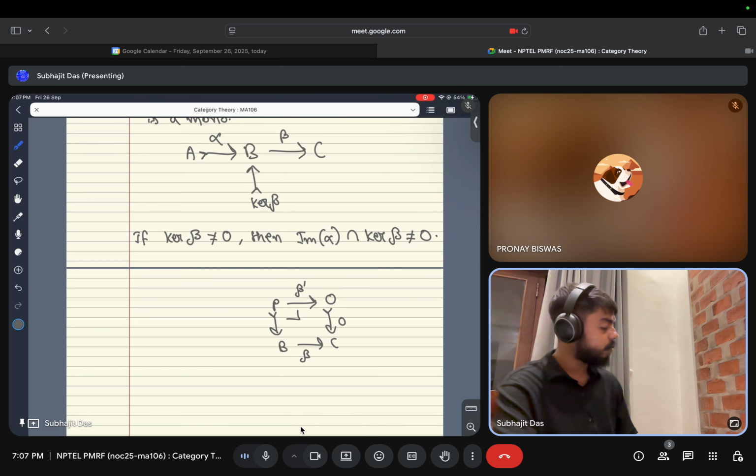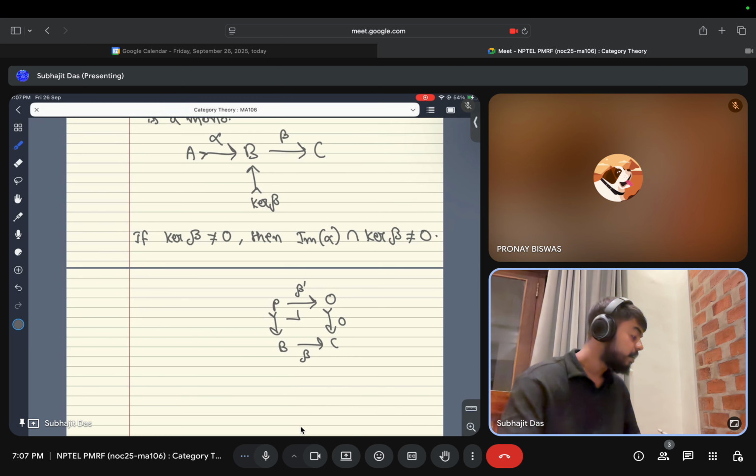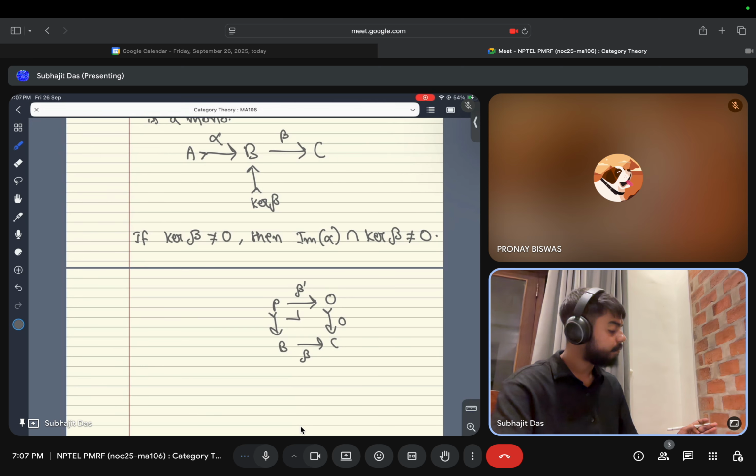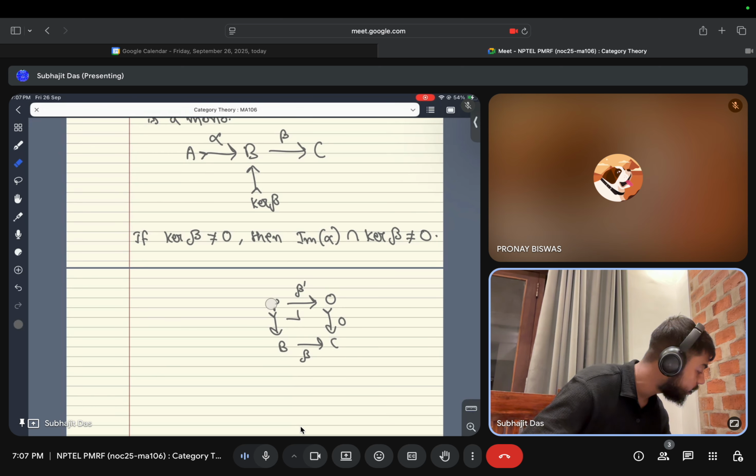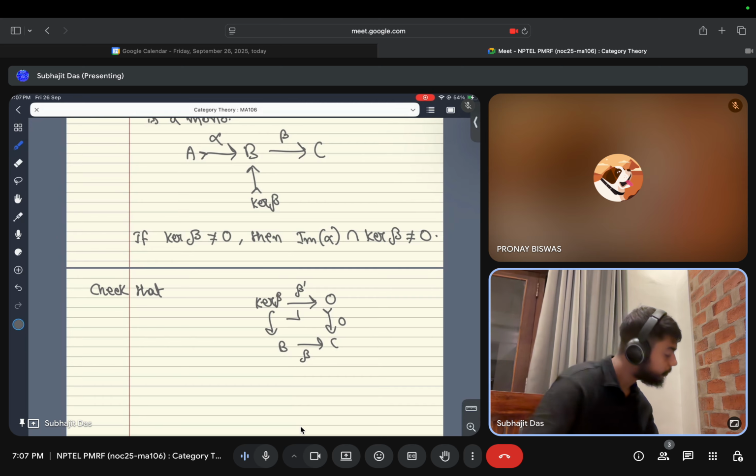So this now looks perfect. So beta, 0, beta prime, and this P will actually be, so I'll just say check that, kernel of beta, right? This is our inclusion. I'll write an inclusion here. So kernel of beta will be a sub-object of B, right?